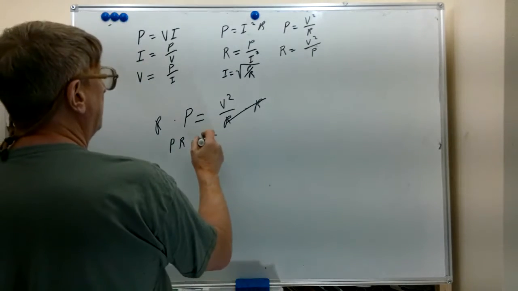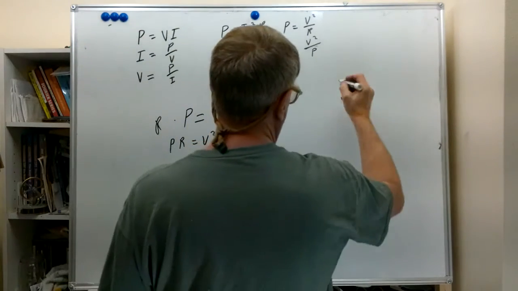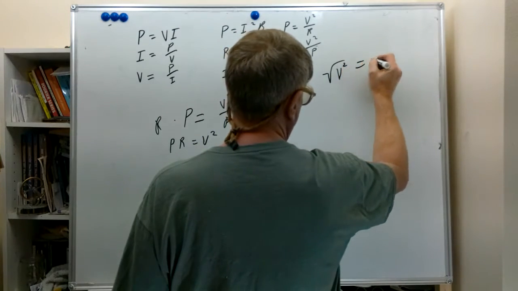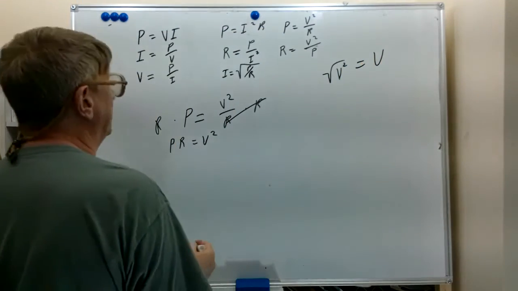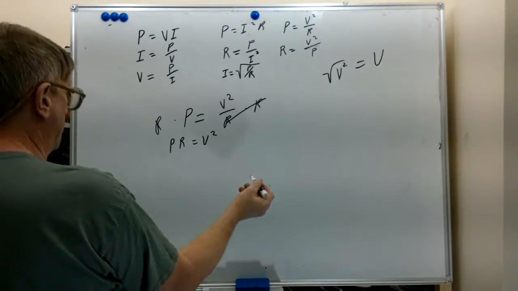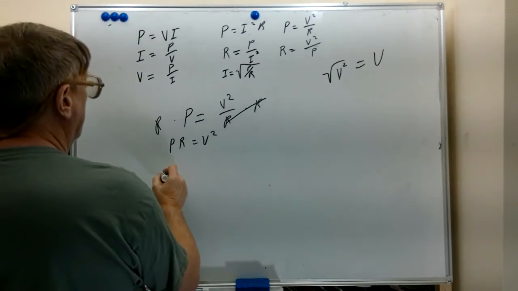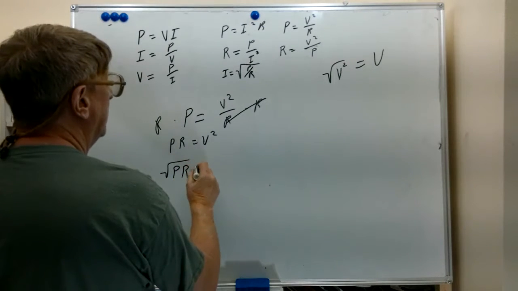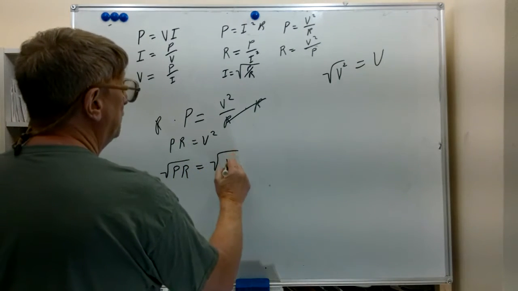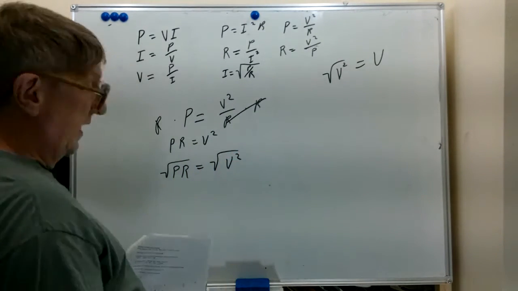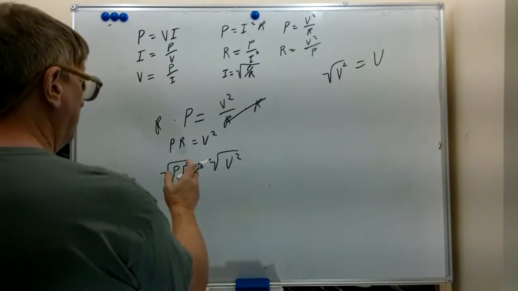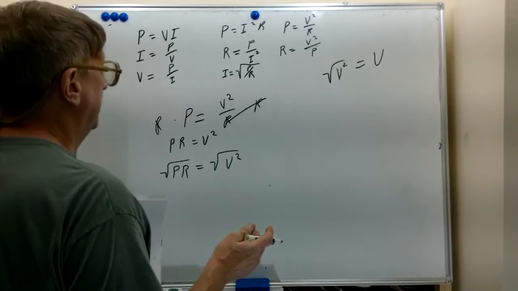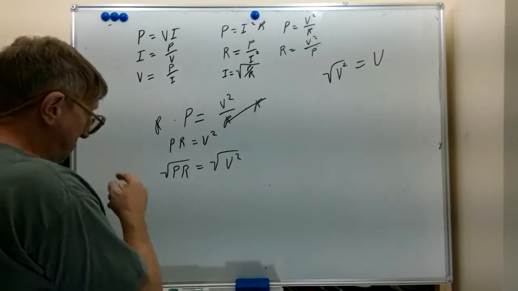But we're trying to solve for voltage, and just like we did before, the square root of V squared is equal to V, the square root of voltage squared is equal to voltage. So we're going to take the square root of both sides just like we did before. Like always, we do the same things to both sides of the equation, and it will remain a true equation.